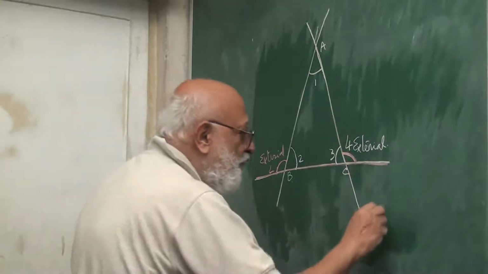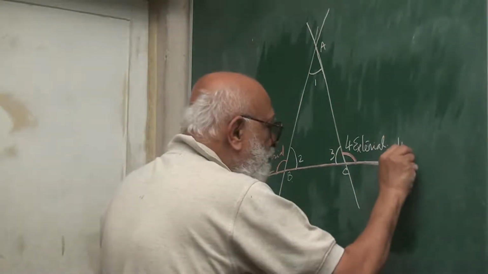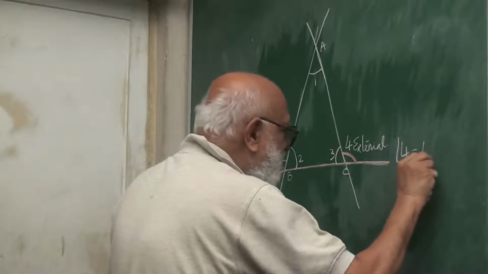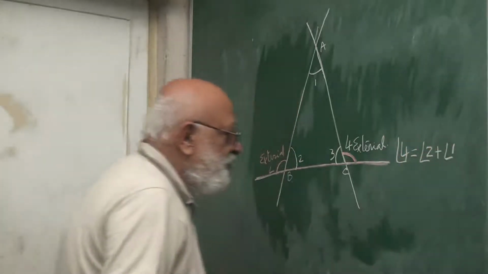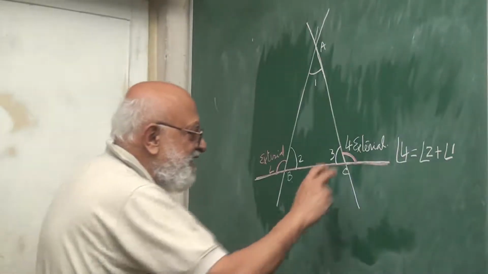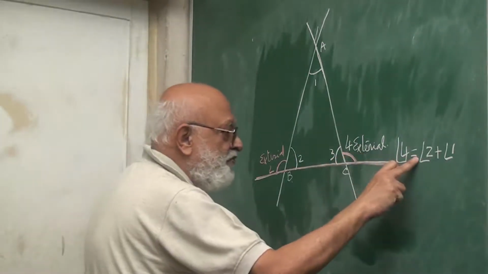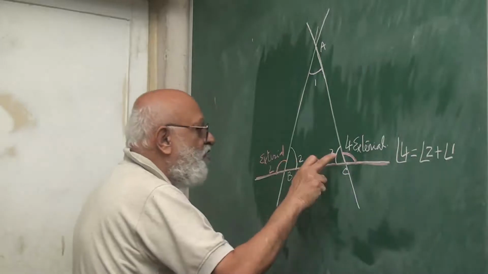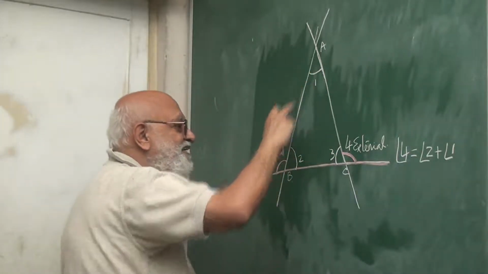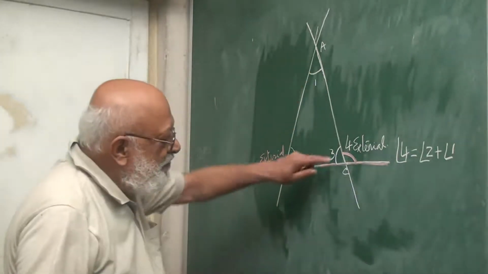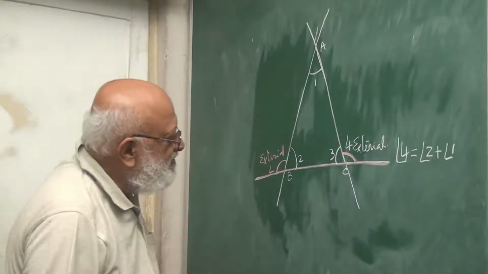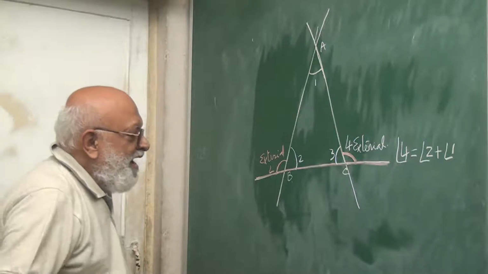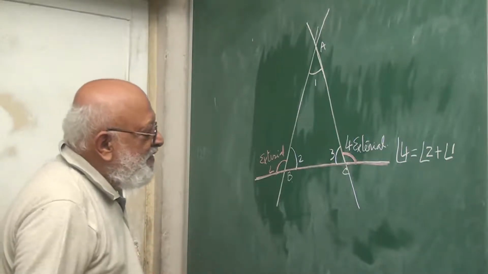So angle 4 would be equal to angle 2 plus angle 1. So the exterior angle is equal to the sum of the opposite interior angles. That means we don't consider this, but we consider these two. Am I correct with this one?